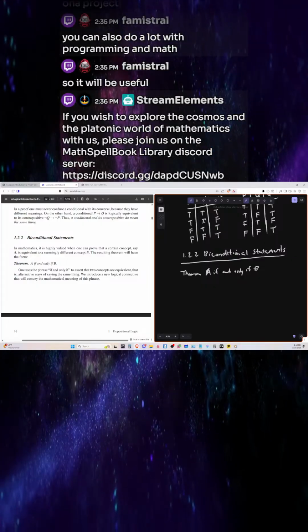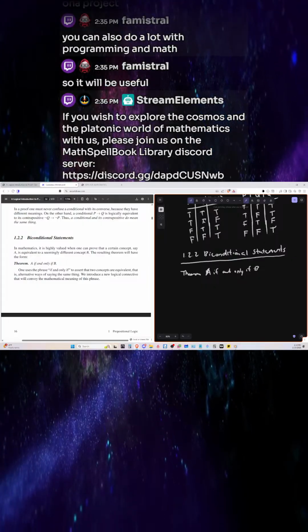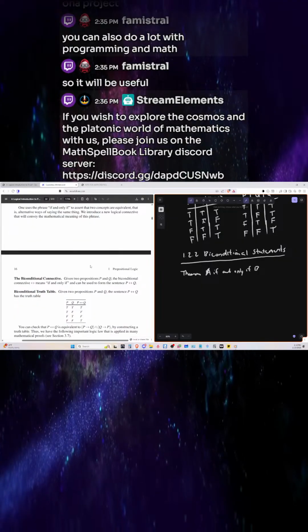We introduce a new logical connective to convey the mathematical meaning.